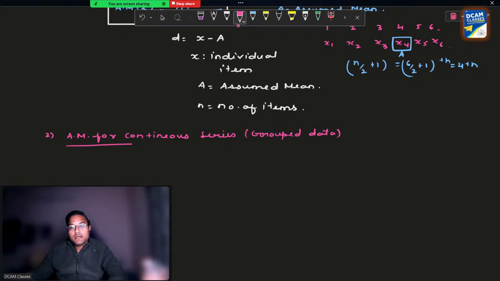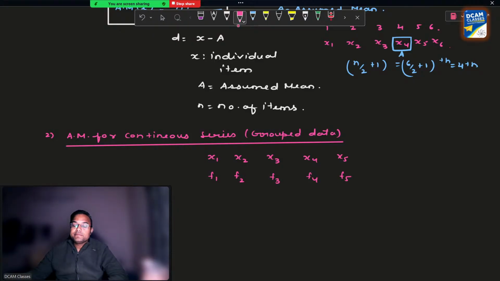What is grouped data? Grouped data is represented with some frequencies. Data is like x1, x2, x3, x4, x5, and for each there will be some frequency given to us. Frequency represents some quantity.